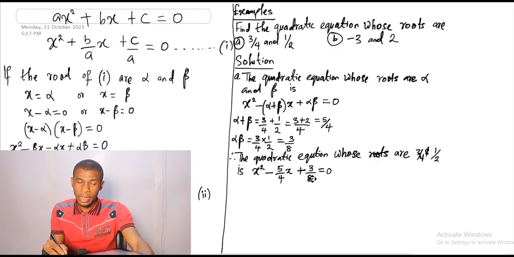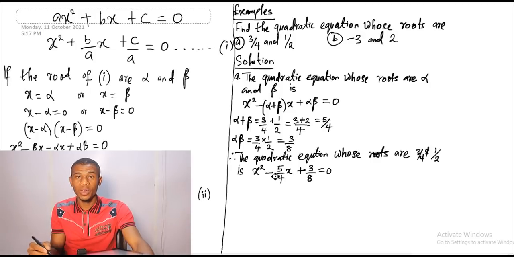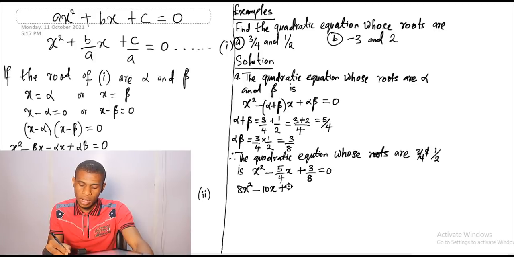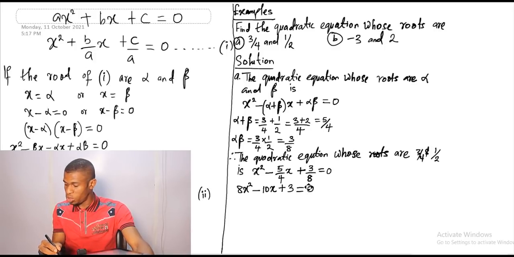You can as well clear the fractions by multiplying all through by the LCM of the denominators. LCM of 4 and 8 is 8. Here you have 8 times x squared is 8x squared. 5 over 4 x times 8, you still have minus there. 8 divided by 4 is 2. 2 times 5, 10. 3 over 8 times 8, the 8 is gone, you have 3 remaining, equal to 0.